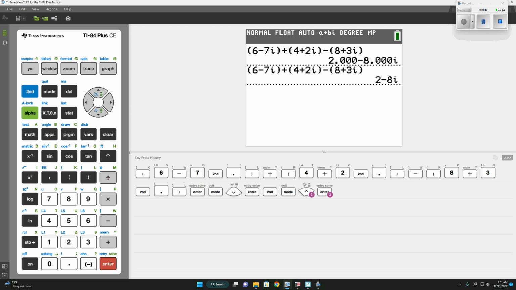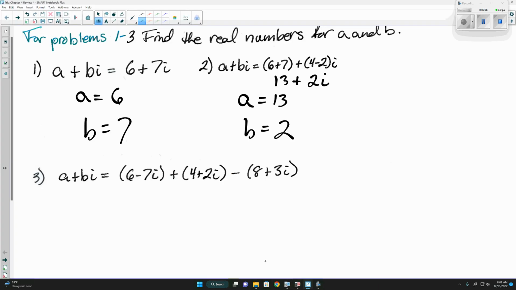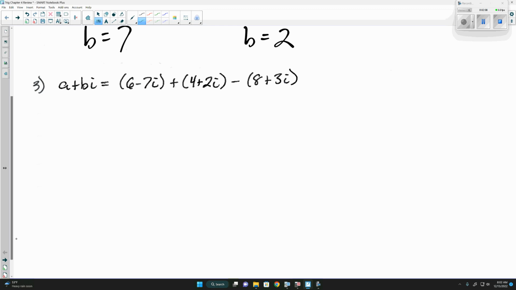So the calculator really did the simplifying for us, and it'll tell us that the value of A is 2, and B is negative 8. So really we're just simplifying and matching it up is all that is.